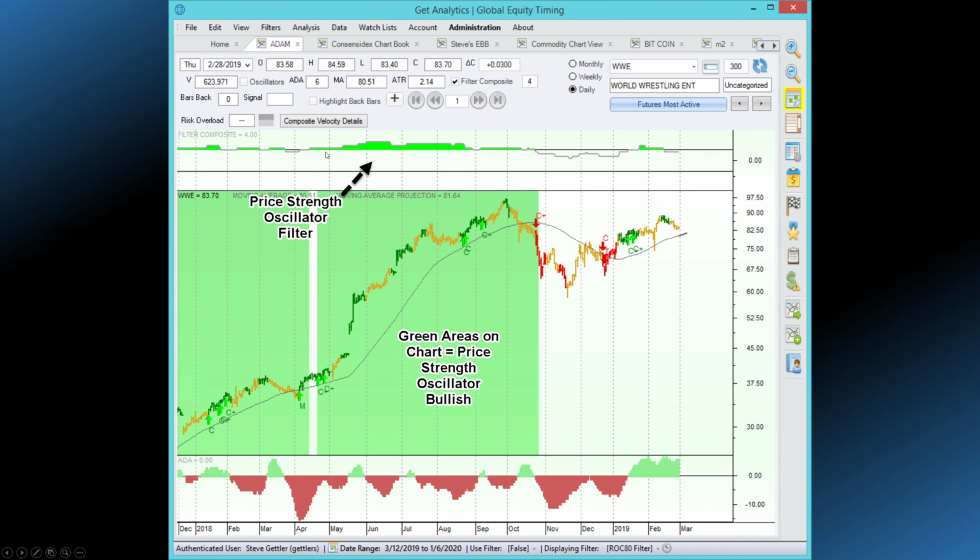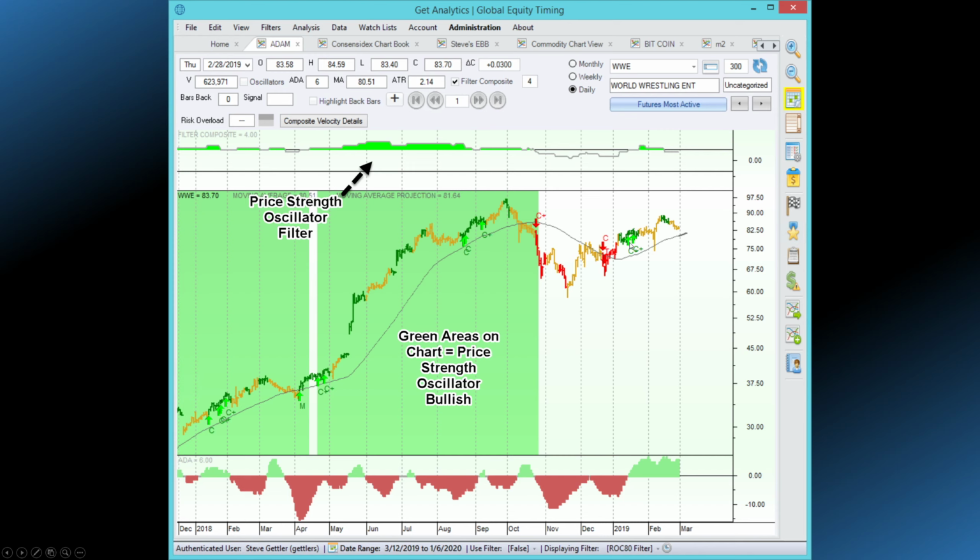When the oscillator is in the green zone, it tells us that this is one of the strongest stocks in our database. We know it's in the green zone up here, and it will also light up down below, highlighting those areas. You'll notice that those signals in the green zone tend to be the most profitable signals.